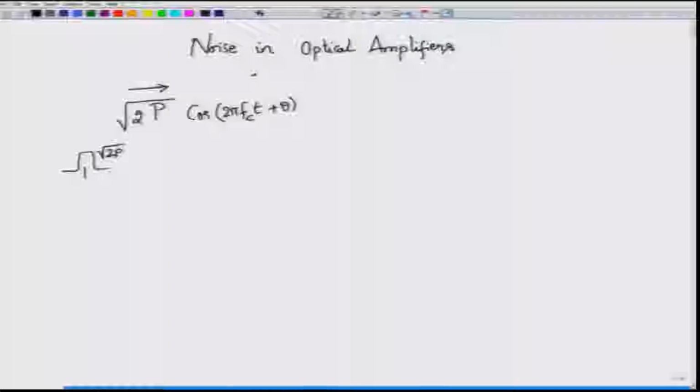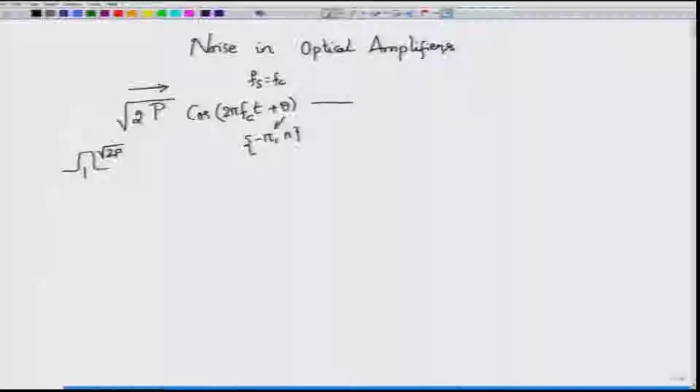In the previous classes we might have used Fs equal to Fc, so we might have just used a different notation. Here we are using the notation Fc. The information is residing in the power and not in the phase. The phase is completely random, it could be anywhere between minus pi to plus pi. So, this is my optical signal which is arriving at the receiver.